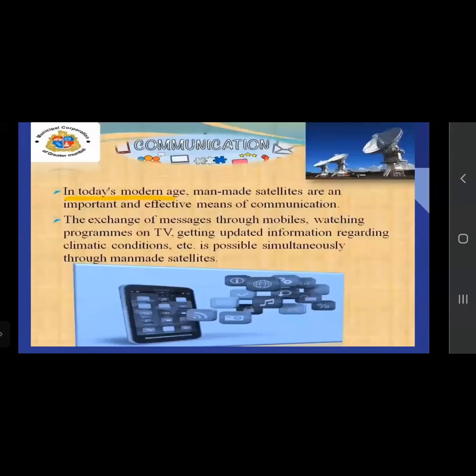In today's modern age, man-made satellites are an important and effective means of communication. The exchange of messages through mobiles, watching programs on TV, getting updated information regarding climatic conditions, etc., is possible simultaneously through man-made satellites.